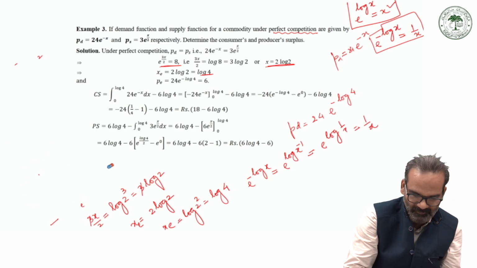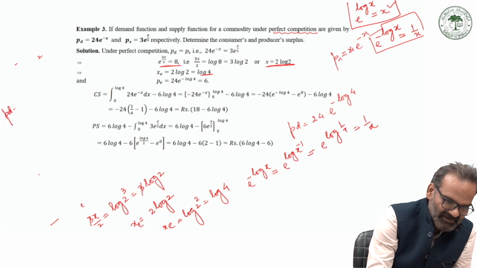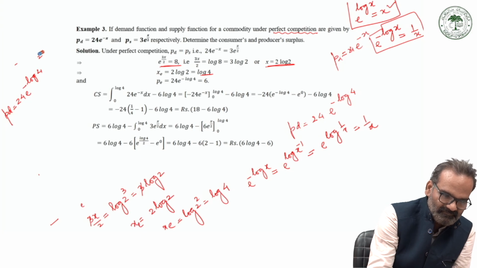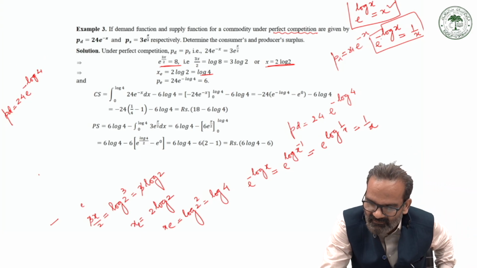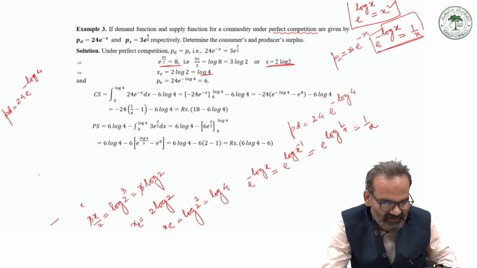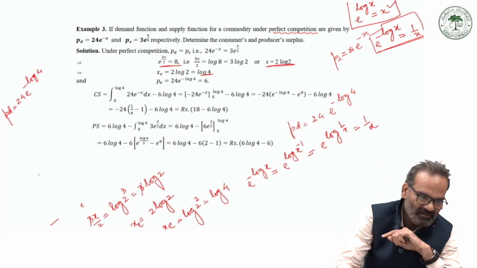Now see this case, what we have done here: pd is 24 e raised to the power minus log 4, right? Now use this formula, e raised to the power minus log x is equal to 1 upon x. So here in place of x we have 4, so it will be 1 upon 4.